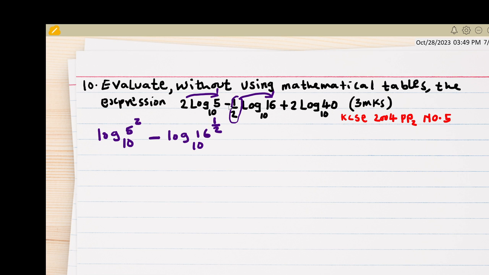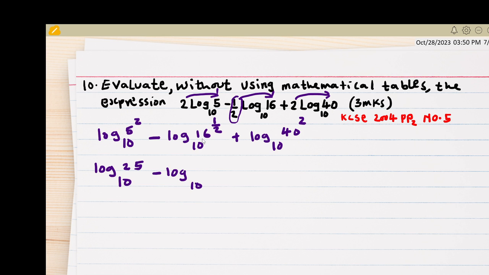You pick the half, but you leave the negative to represent the sign of that term. Then plus, I'll also take 2 to that power, so this will be log to base 10 of 40 to the power of 2. So this will be log to base 10 of 25, then minus log to base 10.